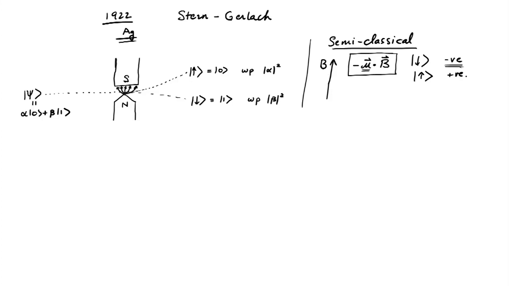Okay, so now what happens if we take the electron and pass it through this non-homogeneous magnetic field. Well, if it's in a spin down state, then it's energetically favorable. It's in a low energy state, and in fact, because this field gets stronger as we go further down, this spin wants to be as far down as possible.